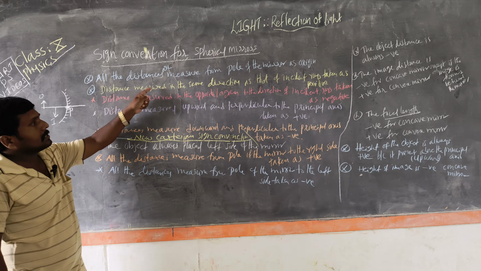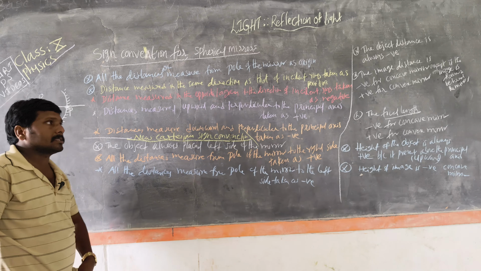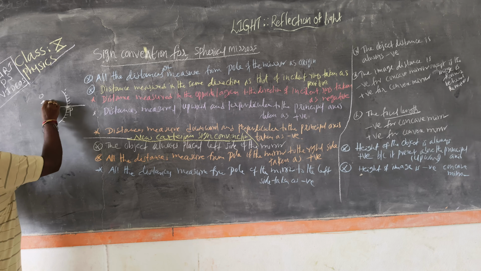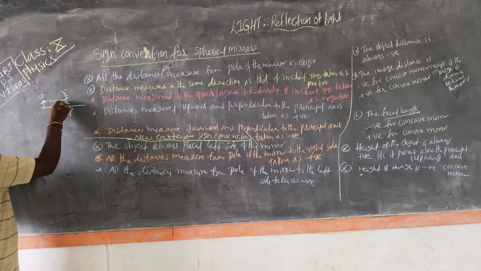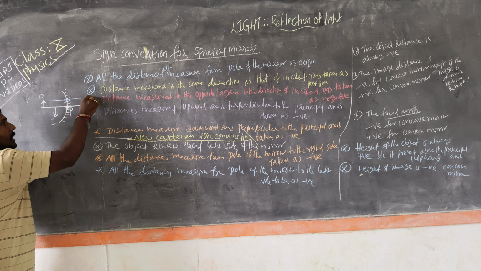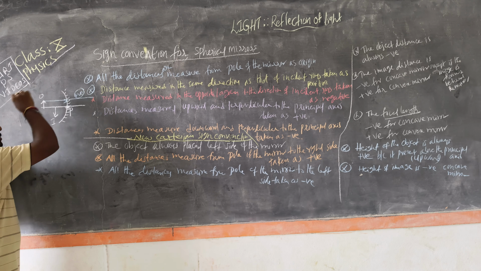Second, distance measured in the same direction as that of incident rays is taken as positive. It is the direction of light ray. If anything is along the direction of light ray, we can take it as positive.